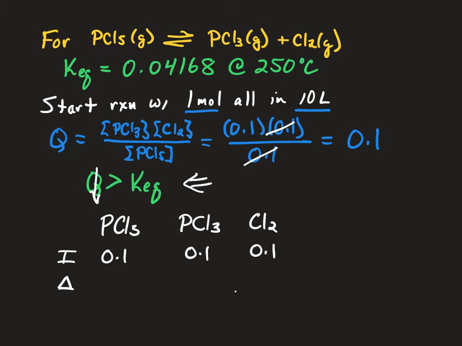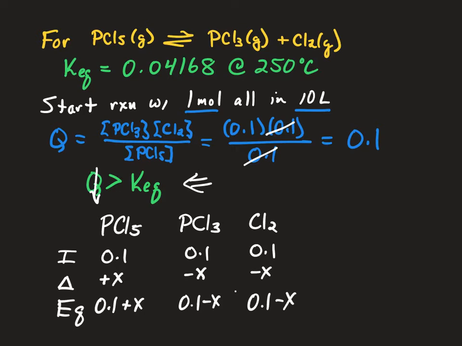Our change is what we just determined: to go left, our phosphorus pentachloride has to go up x, our phosphorus trichloride has to go down the same amount, and our chlorine has to go down that same amount. So when we reach equilibrium, we're going to have 0.1 plus x, 0.1 minus x, and 0.1 minus x. And that's where we will start our equilibrium calculation.